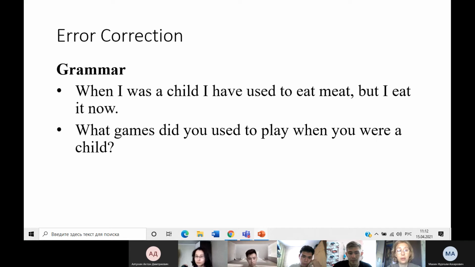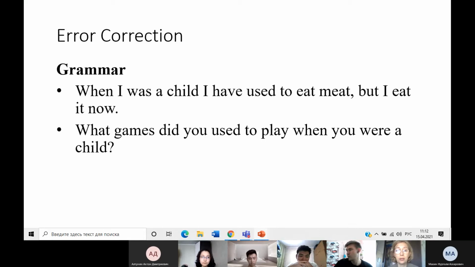And as you see, we usually start with error correction. And you remember that you were given 2 tasks. One of them was a grammar task. The task was to use such phrases as used to, didn't use to, and so on.